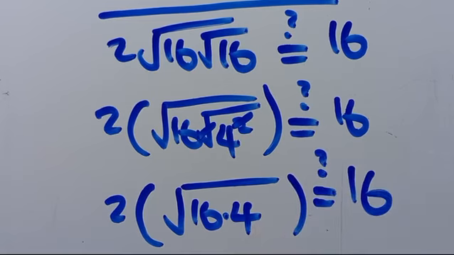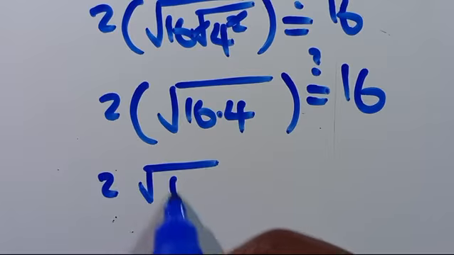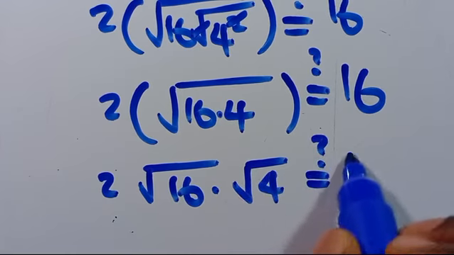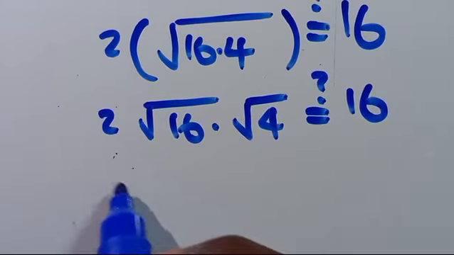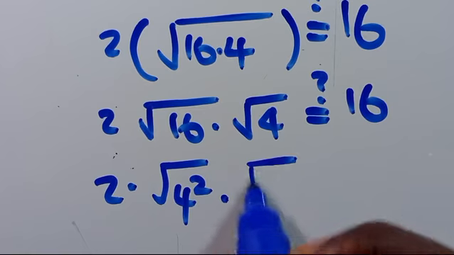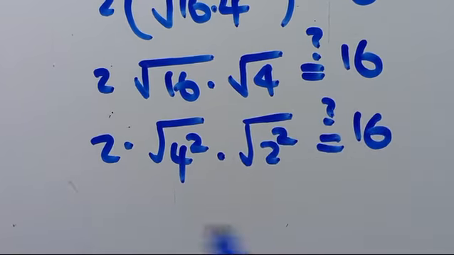It's still going to give us 16. Now we can have this 2 as root 16 times root 4, and this is going to give us 16.